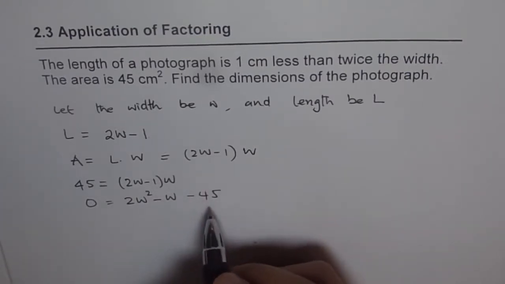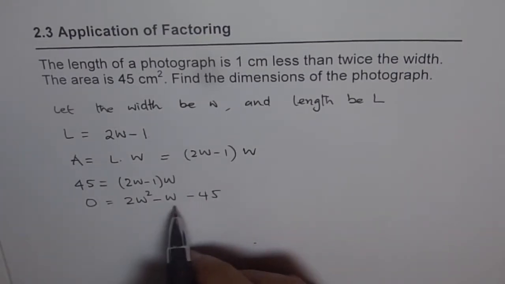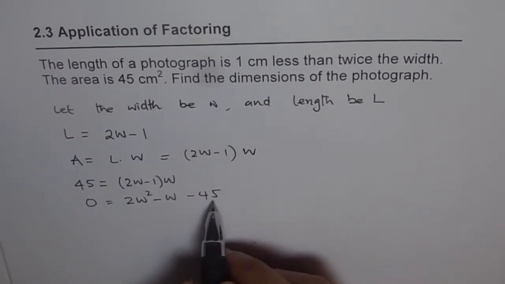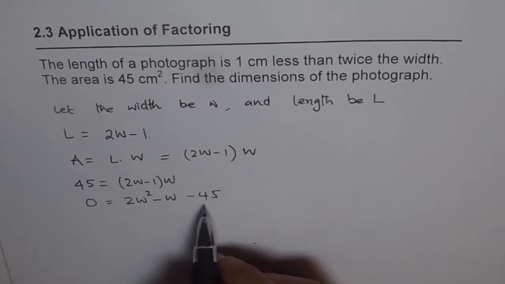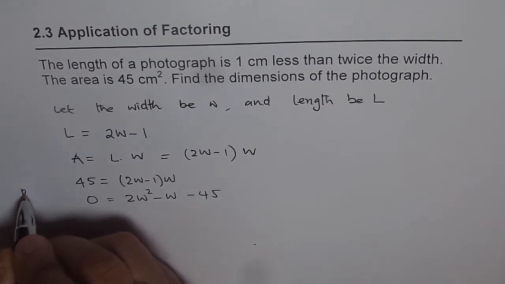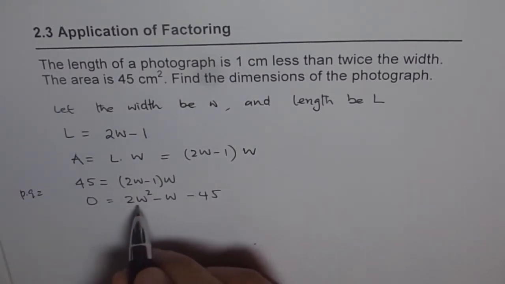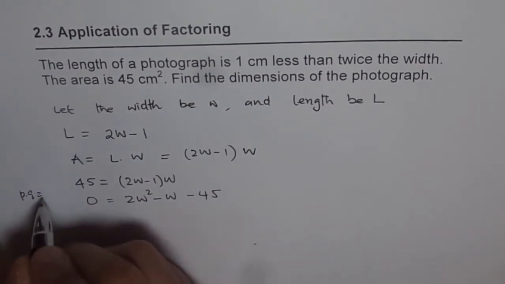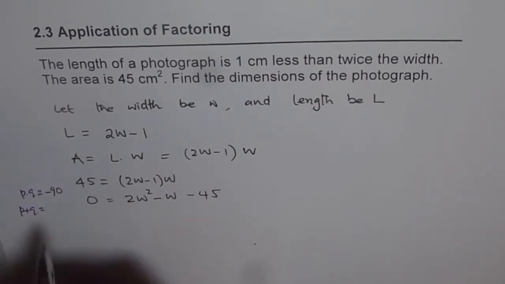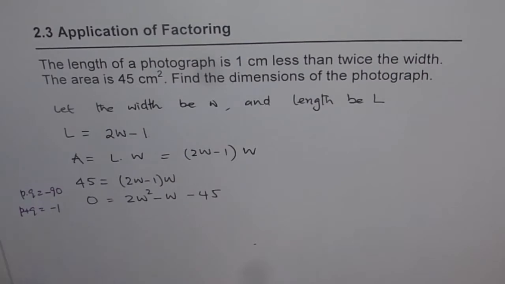Now to solve it, we need to factor 2W squared minus W minus 45. That means we're looking for two numbers P and Q whose product equals 2 times minus 45, that means minus 90, and the sum of P and Q should be minus 1.